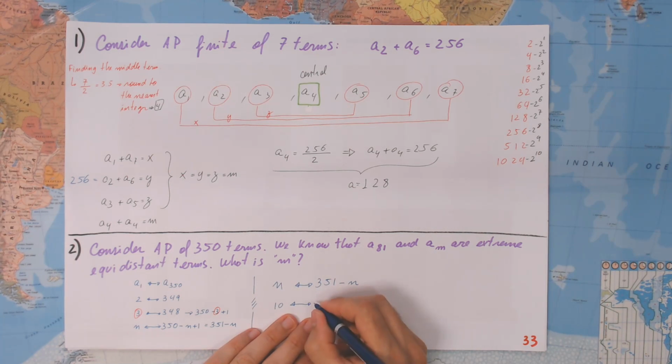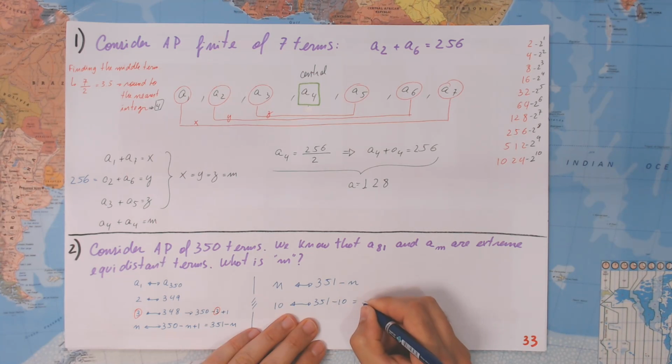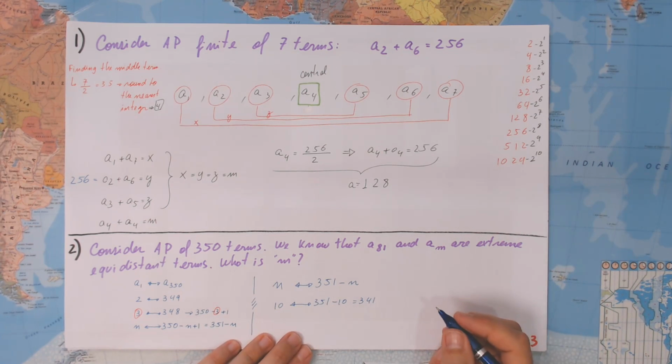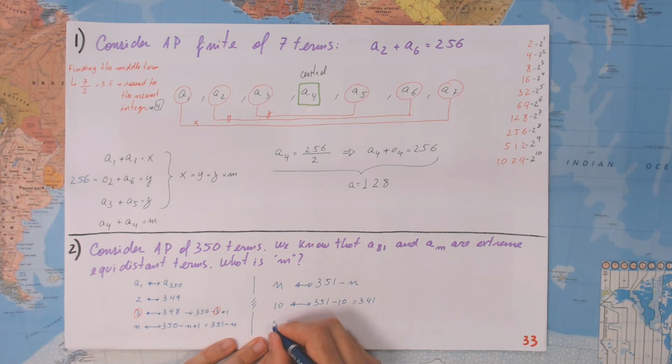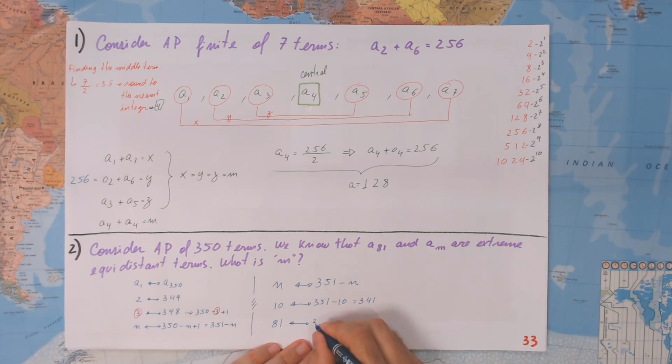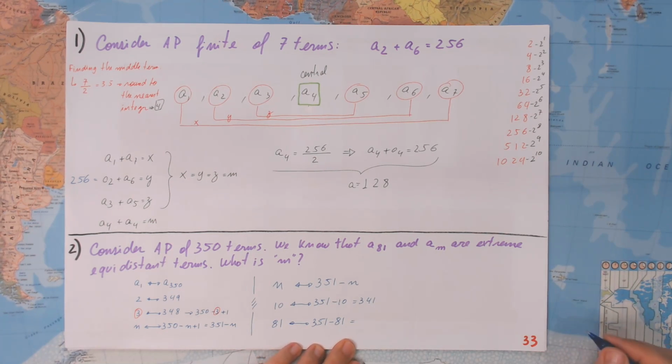This is going to be what? 351 minus 10. This is going to be 341. They are equidistant. Now, what about n81? Now just plug in. This is going to be 351 minus 81, and this is going to be what? Okay, 270.